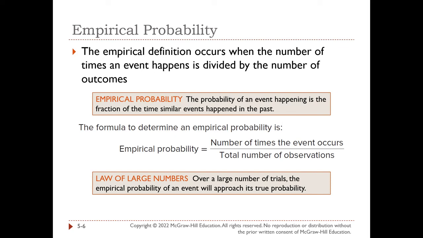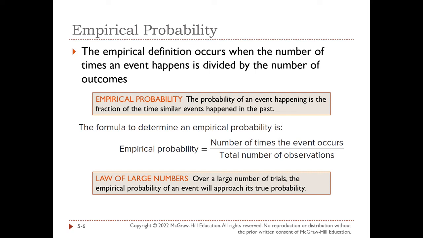The larger the population gets, the more accurate those numbers will become. So we could see a high number of adverse reactions in a very small sample, but as it grows and grows, we may actually see less of that probability happening, and it becomes more true to its nature.